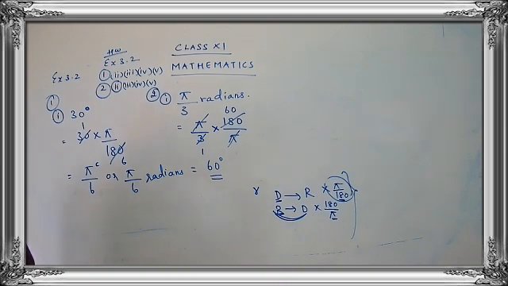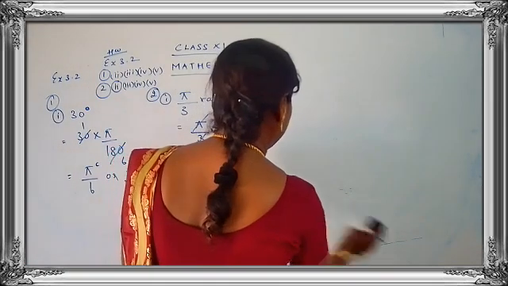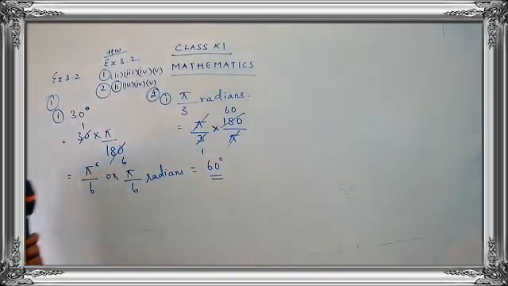Okay. Let's move with the sum. Another question. What must be the radius of a circular running path around which an athlete must run 5 times in order to describe 1 kilometer? So what is an athlete doing? He is running a circular path.